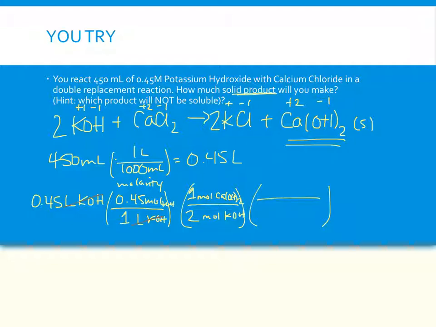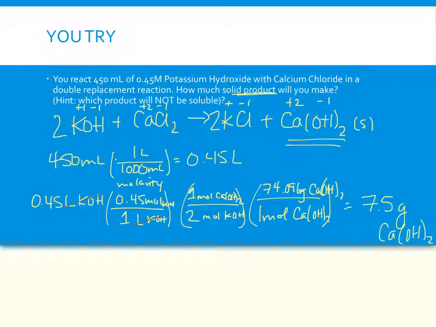And last, I'm going to convert to mass. 1 mole calcium hydroxide, 74.096 grams calcium hydroxide, and that's going to be equal to 7.5 grams Ca(OH)2. Okay, I can confirm that I set this up right when I cross things out, and everything cancels, leaving me with my grams of calcium hydroxide.